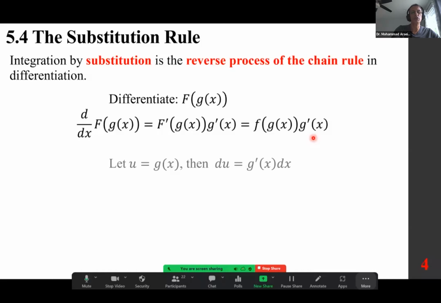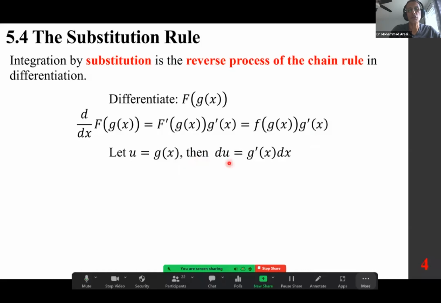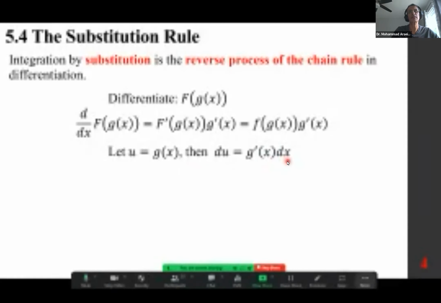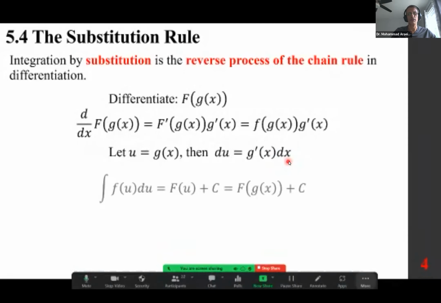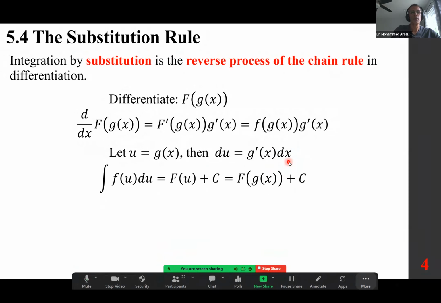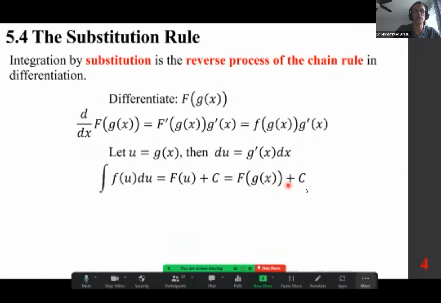Let u be g of x. du dx is g prime of x, or du is g prime of x dx. And so we can write the following. The integral of f of u du is capital F of u plus c, or capital F of g of x plus c.